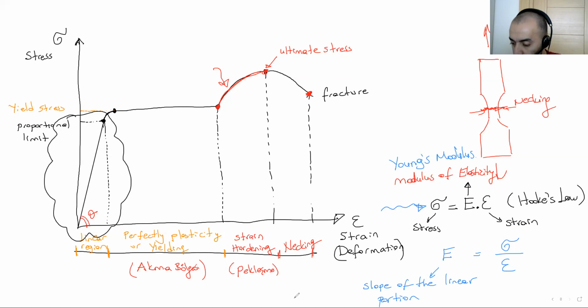What do we have more? I'd like to give you a few examples regarding these E values, modulus of elasticity for different materials. Steel, E steel is GPa, gigapascal.